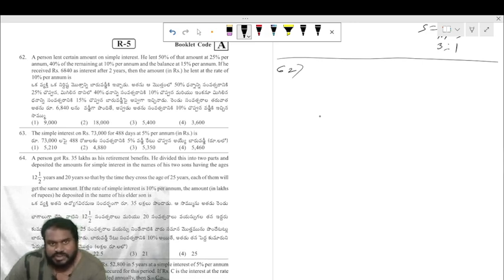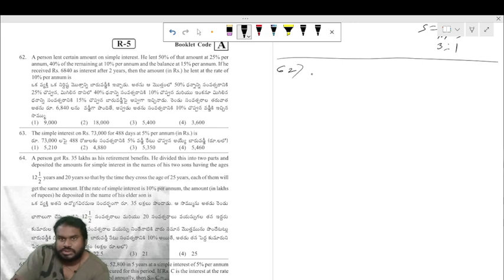He lent 50% of that amount at 25% per annum, 40% of the remaining at 10% per annum, and the balance at 15% per annum. Okay, if he received some amount as interest for 2 years, then the amount lent at the rate of 10%, how much amount he gave for 10%, he is asking.